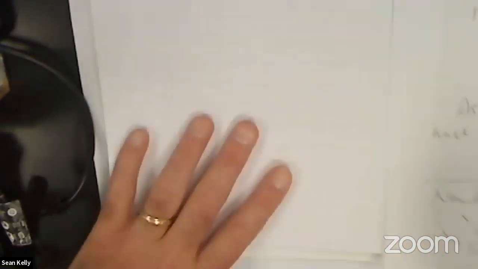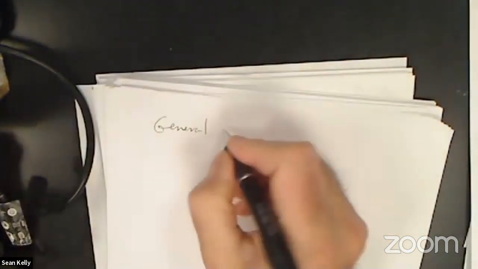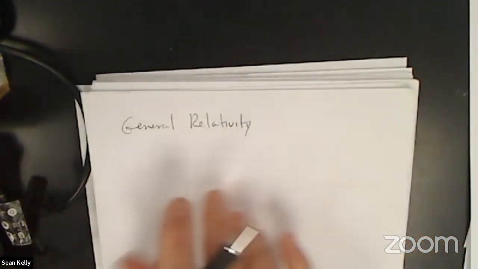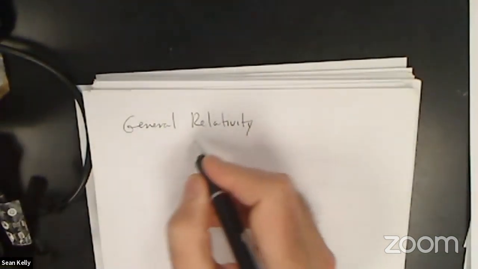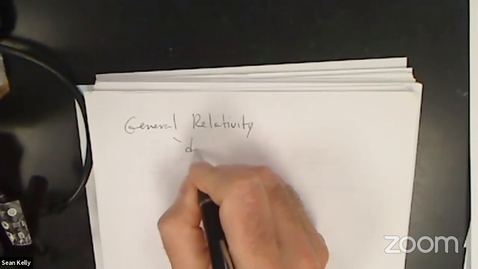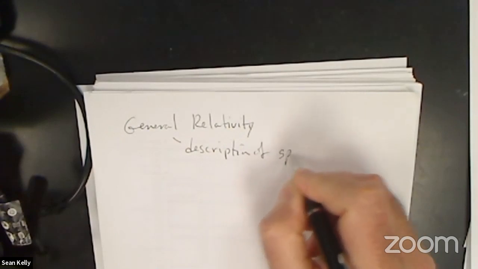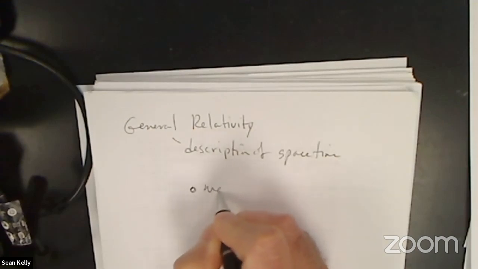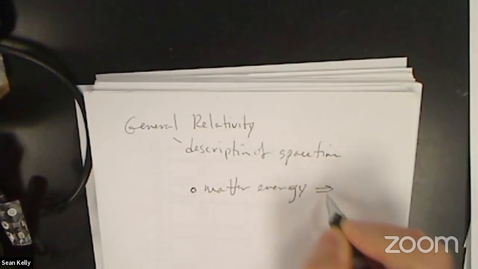So general relativity is better in some sense, because why? What is general relativity? General relativity is Einstein's description of space-time, right? There's two things: it describes the matter energy and how it affects curvature.